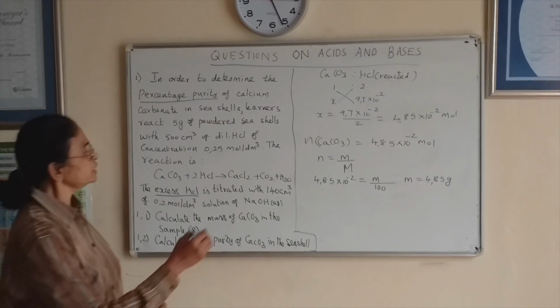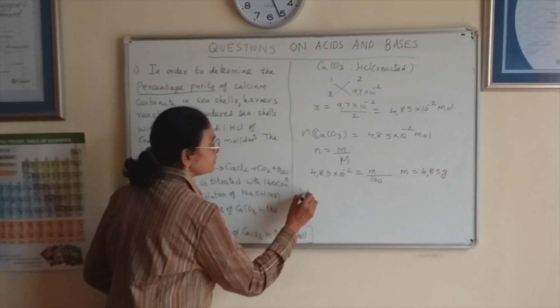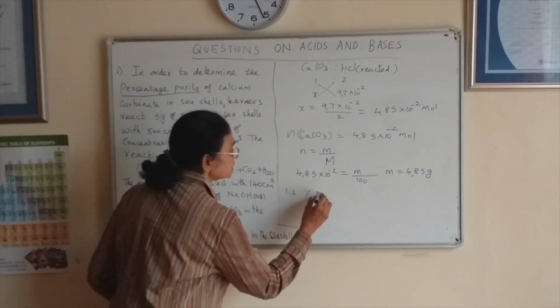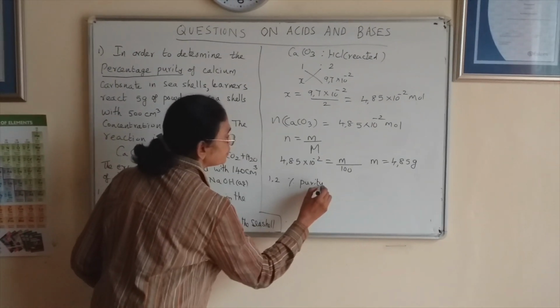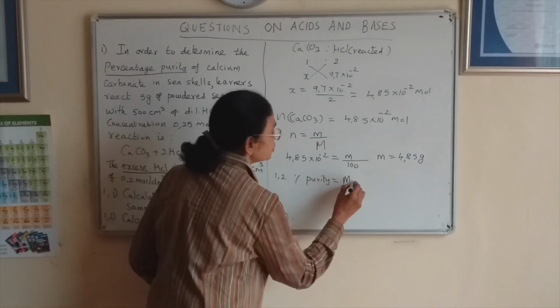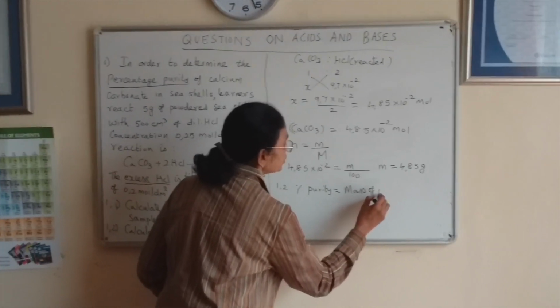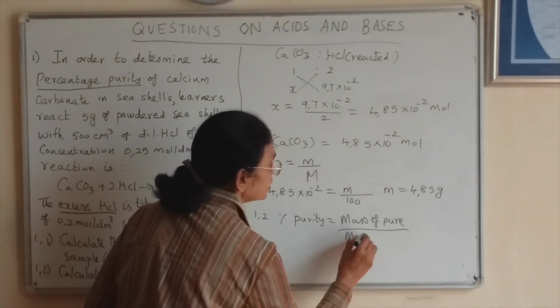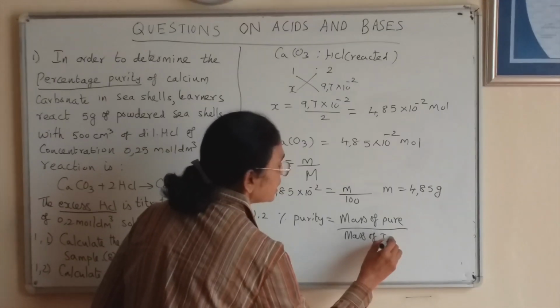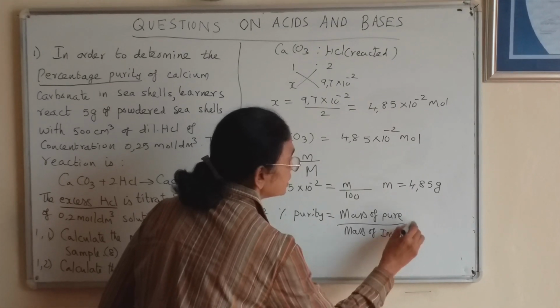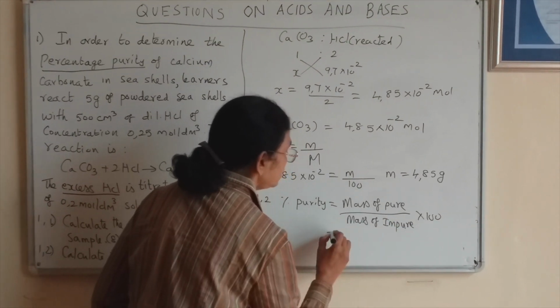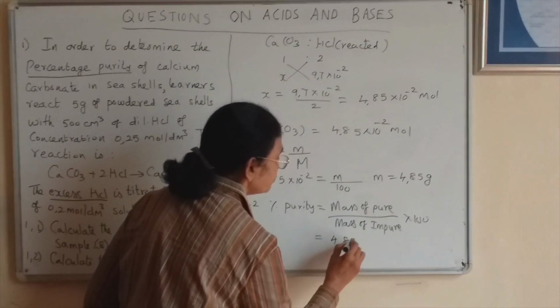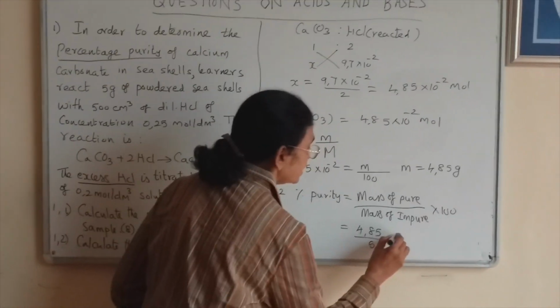So now to find out the percentage purity is equal to mass of pure over mass of impure times 100. So that is 4.85 divided by 5 times 100.